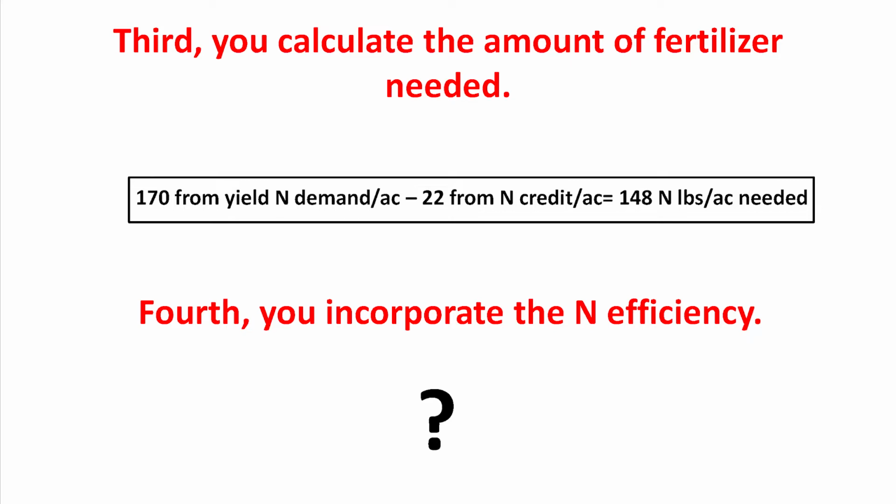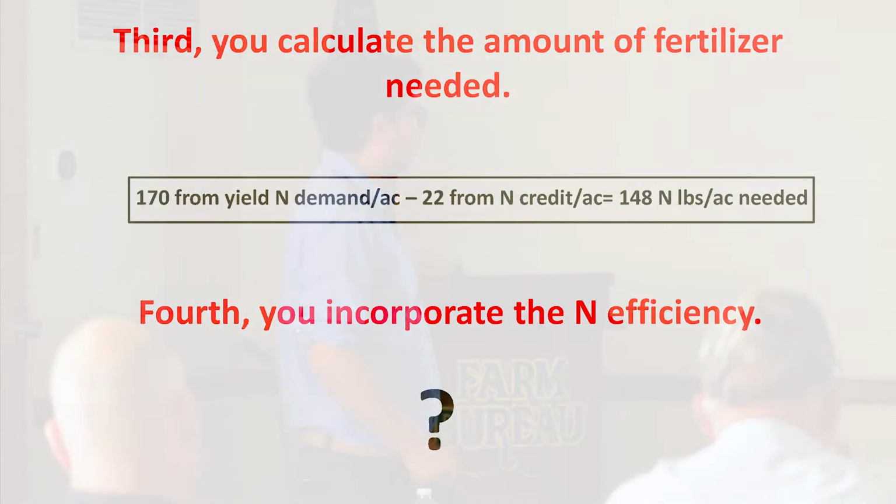Okay? But the 148 pounds of nutrients needed is not necessarily exactly what I need to apply. That's what the tree needs. We calculate how much the tree needs, but now I need to incorporate the efficiency. So that's the how much: how much does your orchard need in these conditions to produce the 2,500 pounds? 148. Okay? So now I'm going to deliver those. I'm going to make sure that those trees get the 148.